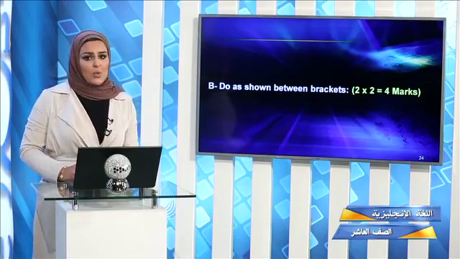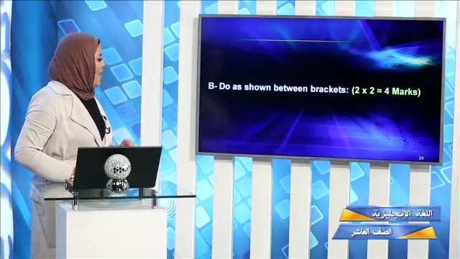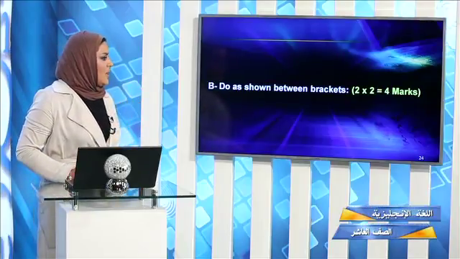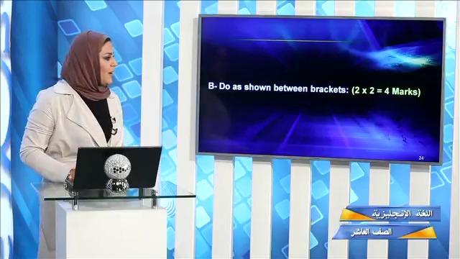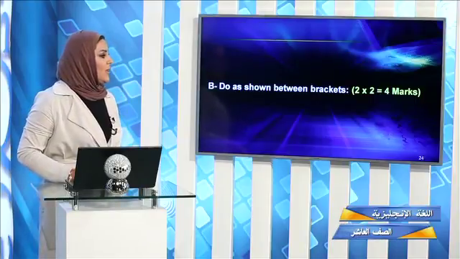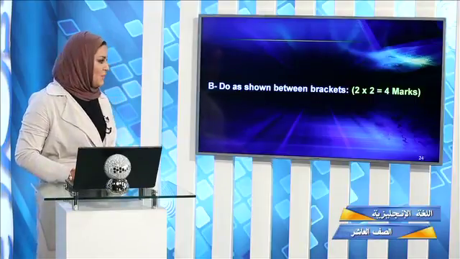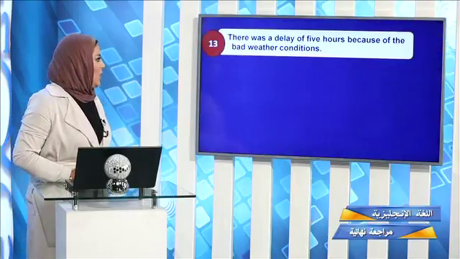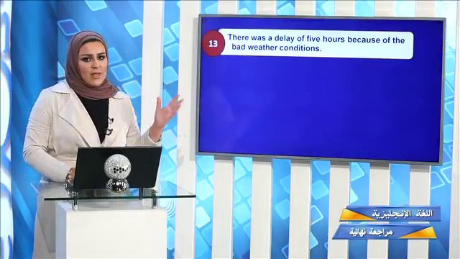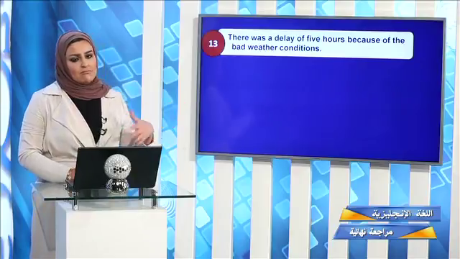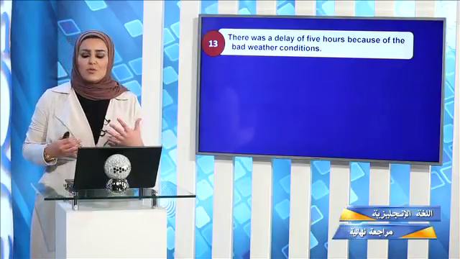We have a second question. We have do as shown between brackets, and here we have only 2 sentences by 2, and the total mark is 4 marks. Good. Now we're going to have a regular sentence, and then you will read what is told for you to do.